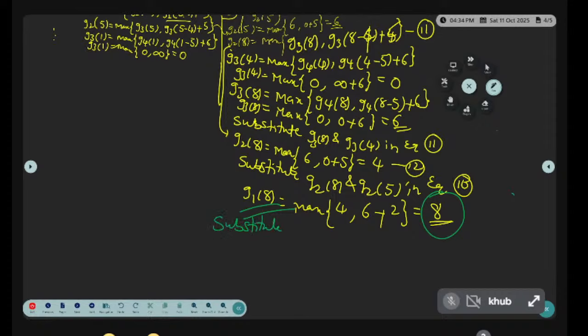Substitute G1 of 6 and G1 of 8 in equation 1. That is G0 of 8 is equals to maximum of G1 of 8 comma G1 of 6 plus first item profit. ఇది.